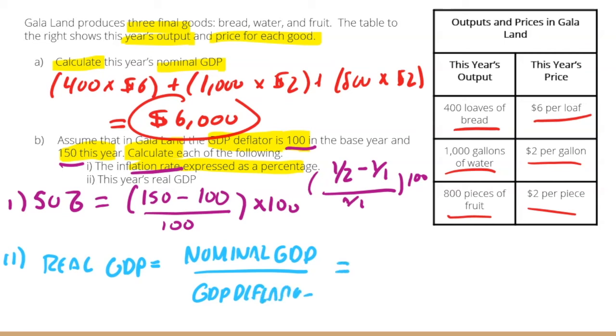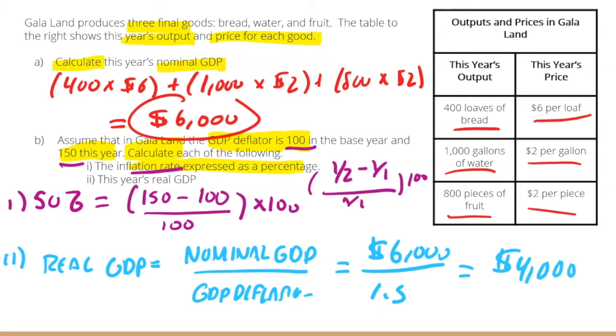So in other words, at the end of the day, we should get to $6,000 divided by 1.5, which should get us to our real GDP of $4,000 there.